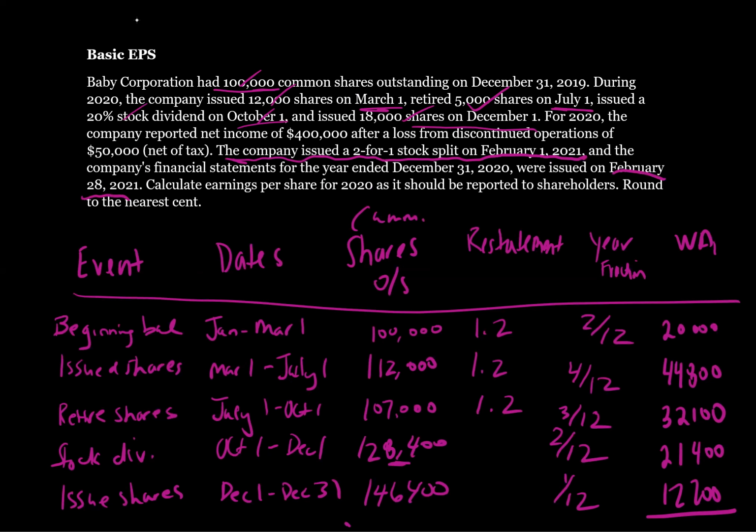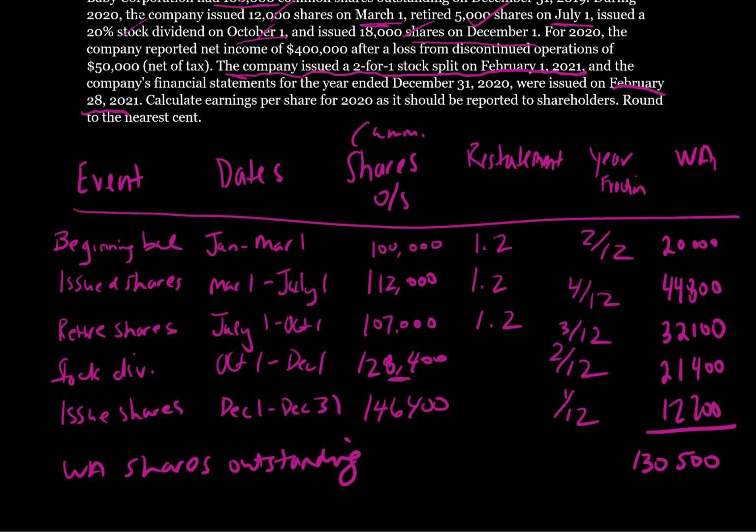Now, you may remember from the lecture that we had said that IFRS states that if there's a stock split after the financial year end, but before the financial statements are issued, we want to reflect it in our financial statements so that it's a like-for-like comparison with the current share numbers.